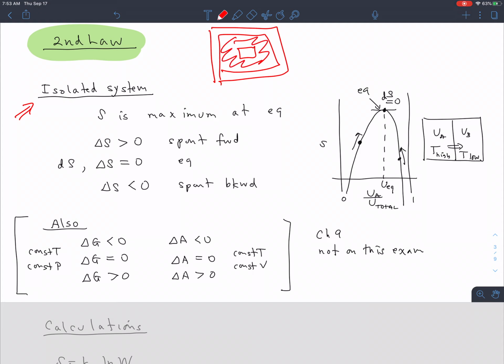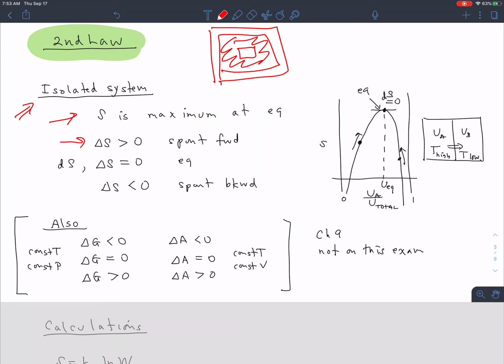So the isolated system, in the end, covers everything. The second law says, first of all, that the entropy has to be a maximum at equilibrium, and vice versa: at equilibrium, the entropy is a maximum. So equilibrium and entropy maximum are interchangeable ways of stating the same thing.